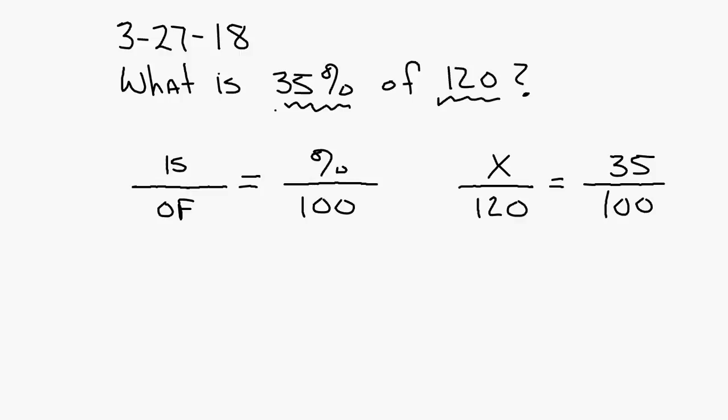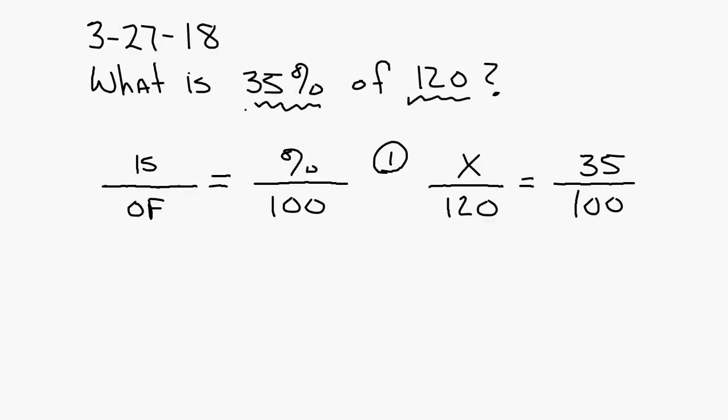And then hopefully you remember how to solve this proportion from yesterday. But I saw some of your papers, you guys are skipping steps. You can't skip steps. Okay? This right here is step number 1. You write the proportion. Step number 2 is to crisscross multiply.